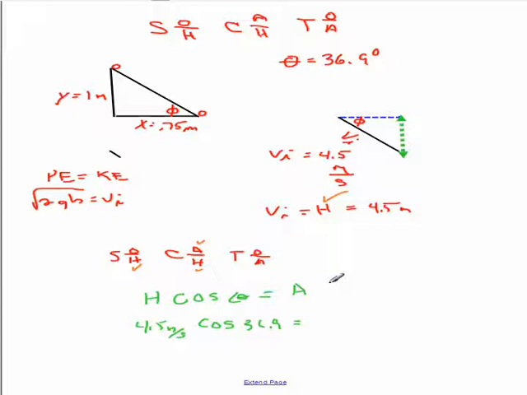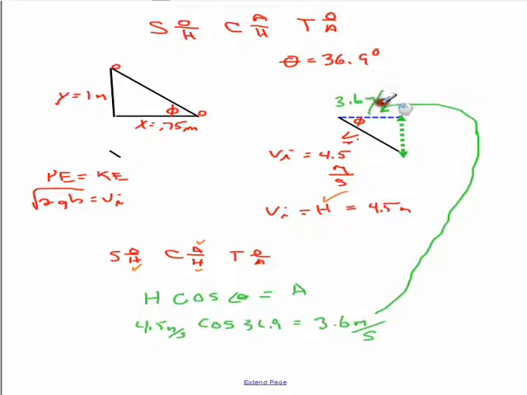And that's going to be equal to 3.6 meters per second. So this is equal to 3.6 meters per second, which is this guy right here. 3.6 meters per second.